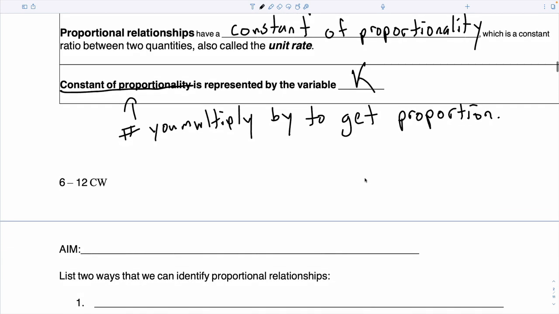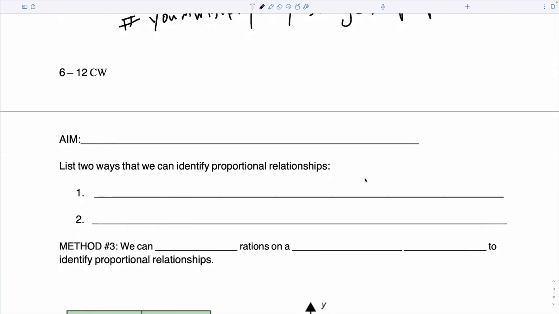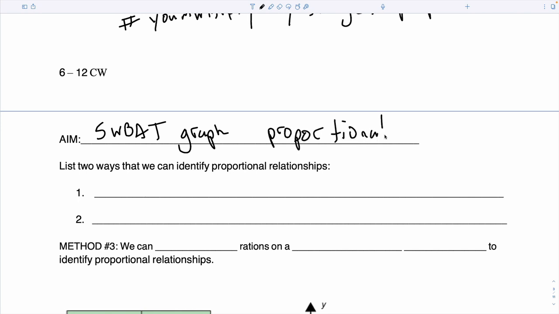Today you're going to be graphing proportional relationships, which is why we started with a graph. You have learned 2 ways to tell if things are proportional. 2 types of problems, and I'll give you a hint. The 2 types were on your warm-up, on the first page before we did the grid.